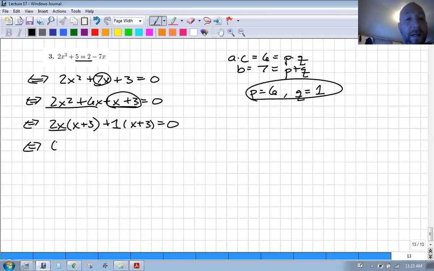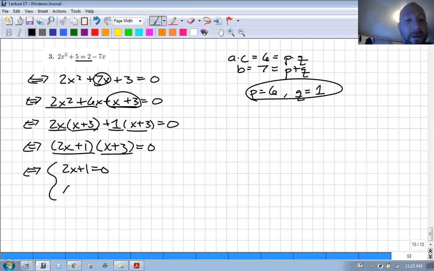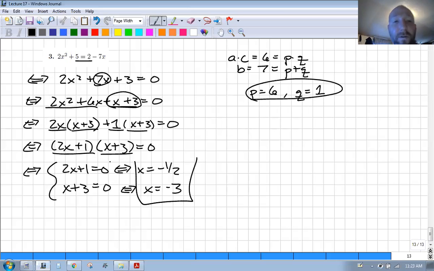So we have a 2x and a 1, both being multiplied by an x plus 3. So now that it's factored, either 2x plus 1 is 0, or an x plus 3 is 0. So this one tells us x is a negative half. This one tells us x is negative 3. So those are our two solutions.